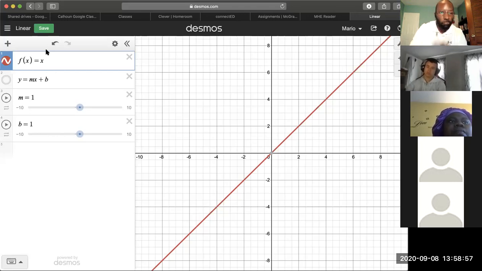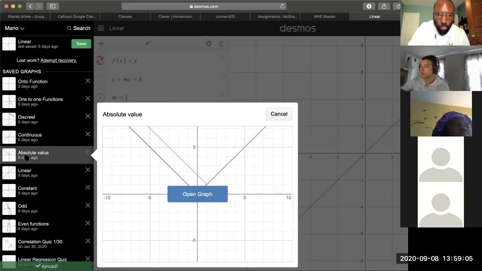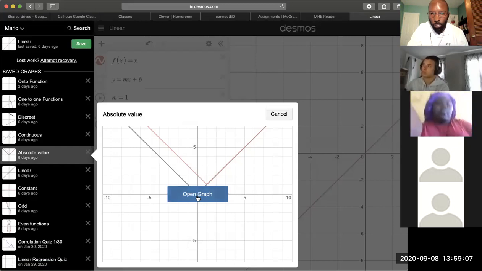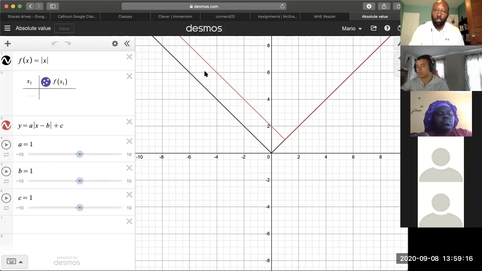And the third type of function that I want to talk about right now is called an absolute value function. So, anybody remember anything about absolute value?